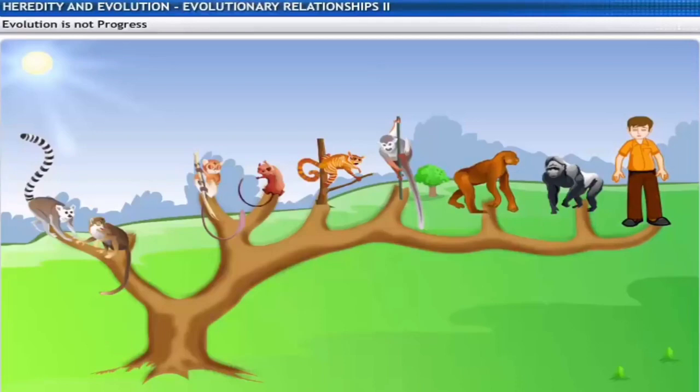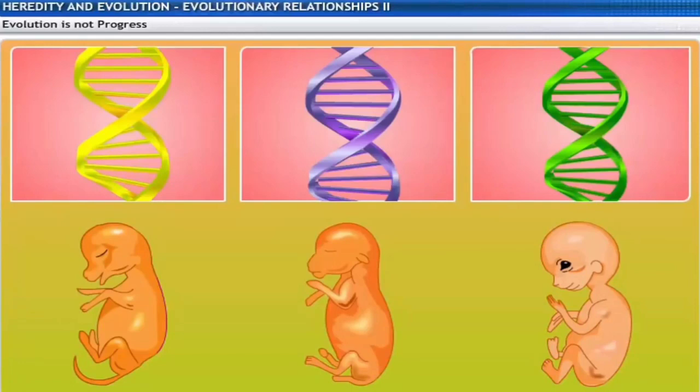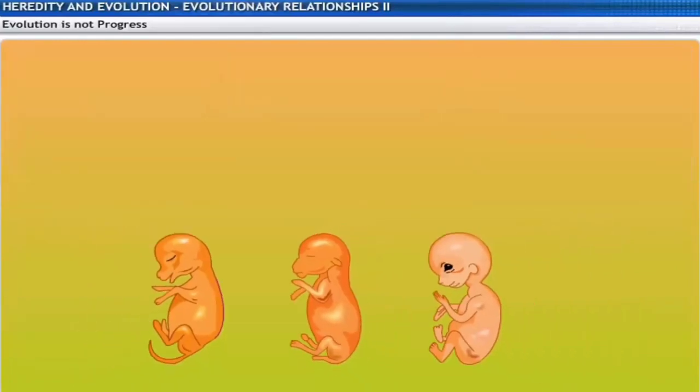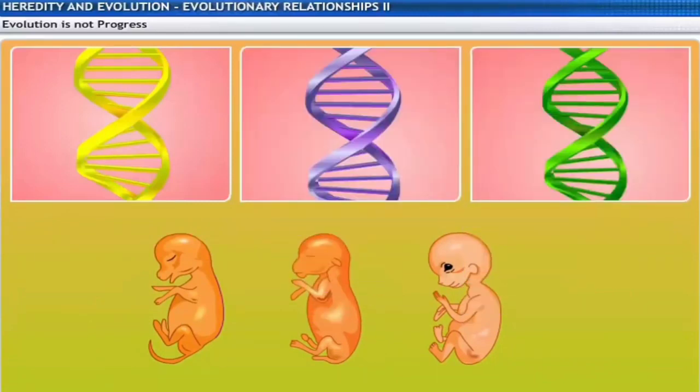Instead, both humans and chimpanzees had a common ancestor. Changes in DNA during reproduction are the basic events in evolution. Comparing the DNA of different species allows us to estimate how much the DNA has changed during the formation of these new species.